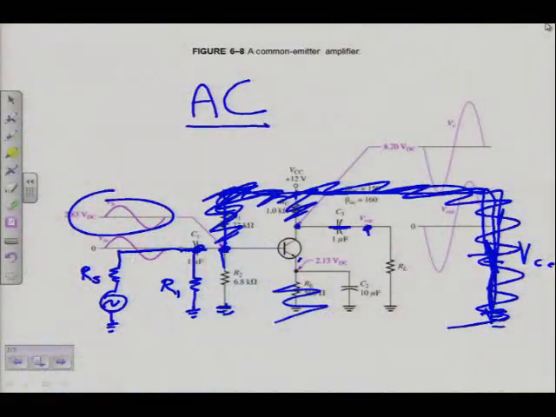So what are you going to do now to determine R in at the base? It's going to be beta times what? There's no resistance. But we've learned about another resistance. What was that one called?